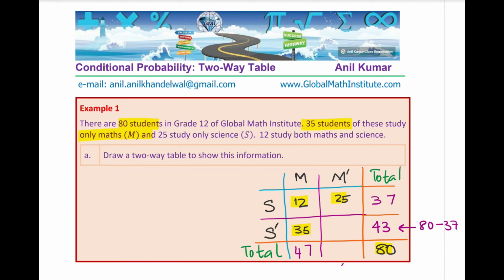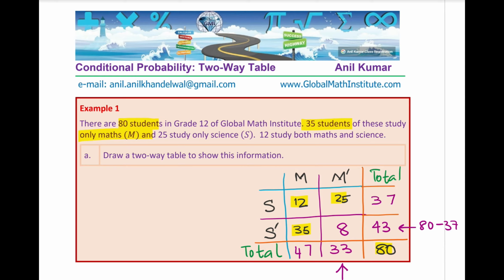Similarly, I can write down the number here, which is 80 minus 47. So all the missing numbers in our two-way table can be filled in. If I have 33 here, then 33 minus 25 gives me the number in this blank space. So all these numbers can be easily calculated from the given information.